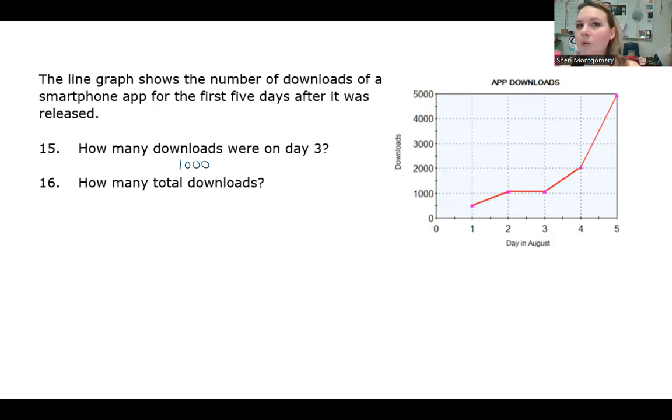How many total downloads were there? So how many total downloads? The confusion comes when students want to just say, oh, there's 5,000 downloads. No, it was 5,000 downloads on day 5. So how many do we think on day one? Yeah, I think 500. And then day two? 1,000.